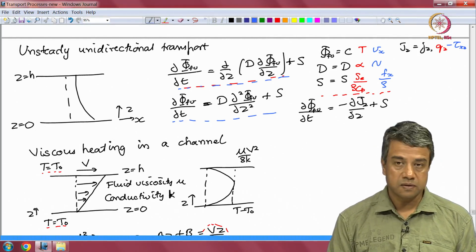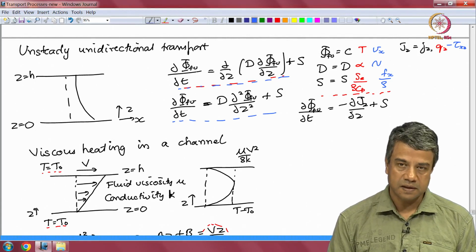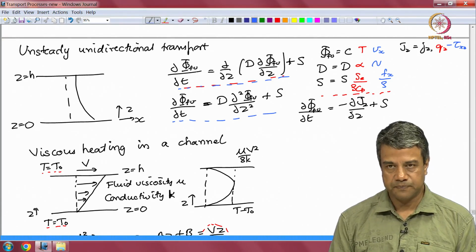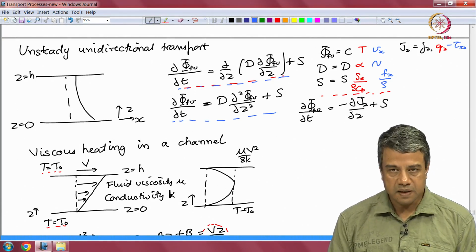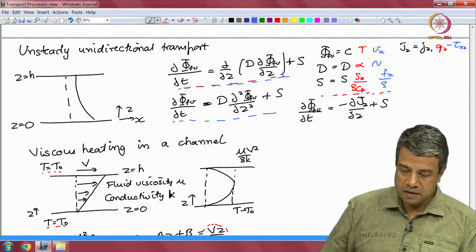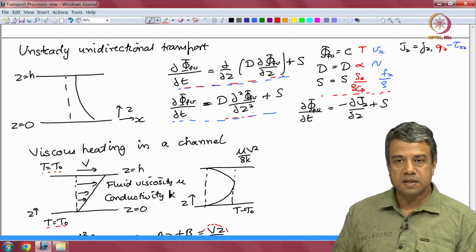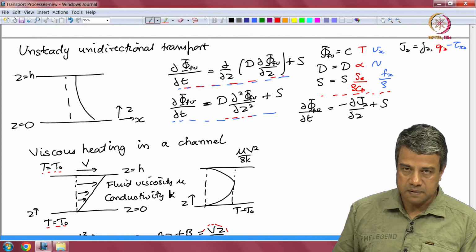So, if there is no source, steady state, the derivative of the flux is 0, the flux is a linear function of position. If the diffusivity is a constant, no source, the second derivative of the field variable is equal to 0, which means that the field variable is a linear function.